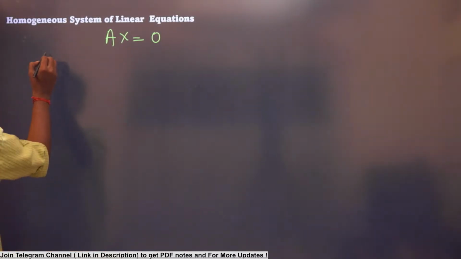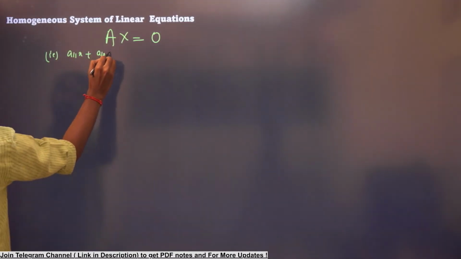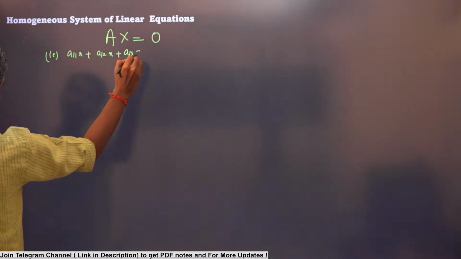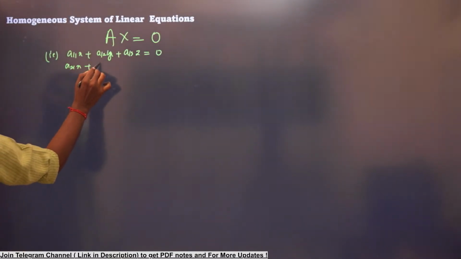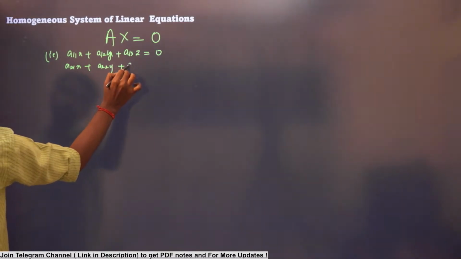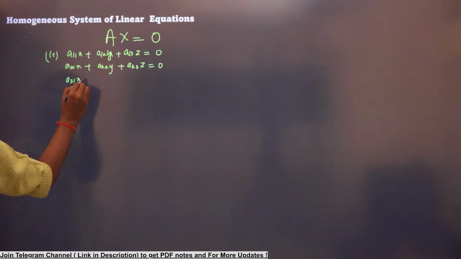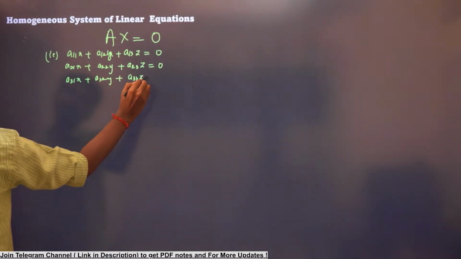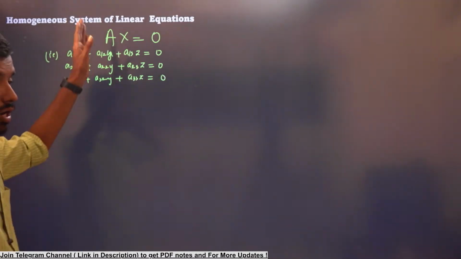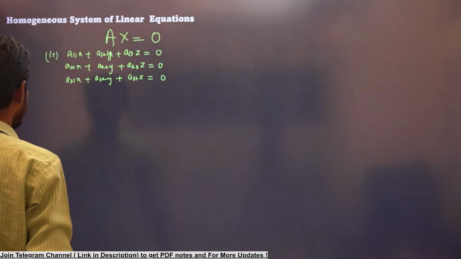Your equations will be a11x plus a12y plus a13z is 0, a21x plus a22y plus a23z is 0, a31x plus a32y plus a33z is 0. You can see all the output vectors are 0. So this is a homogeneous system of equations.